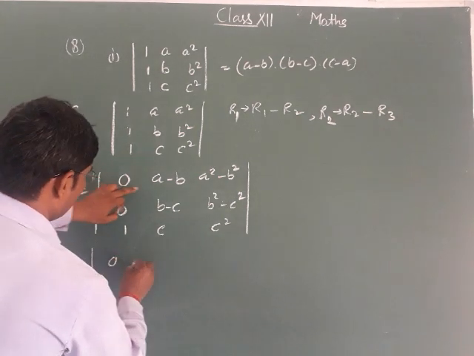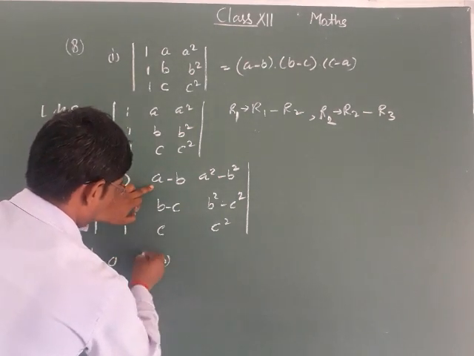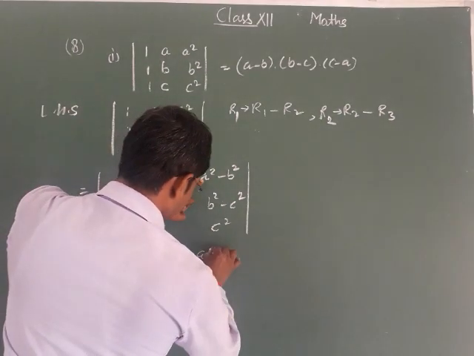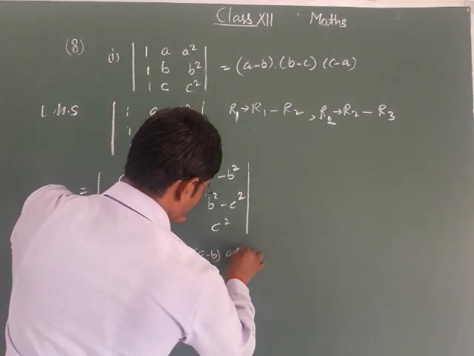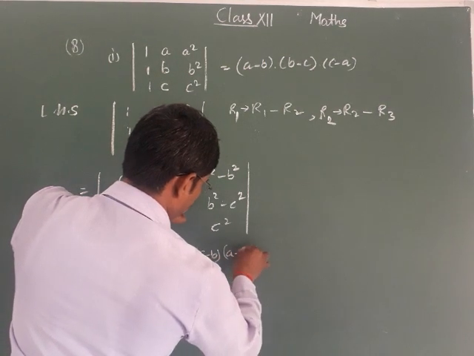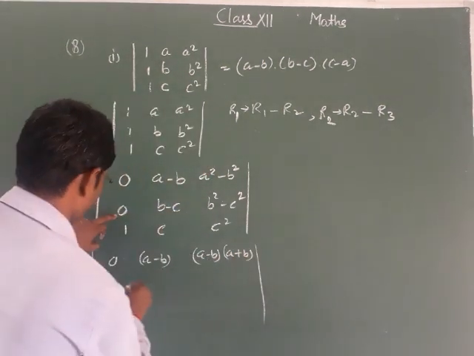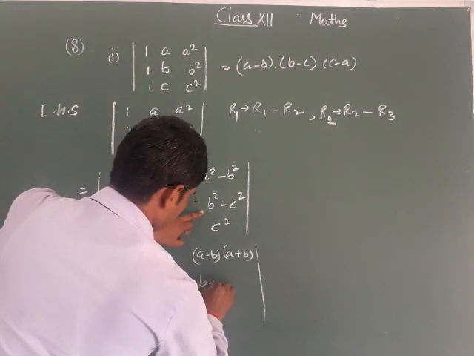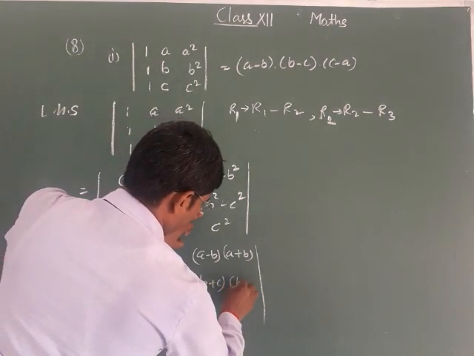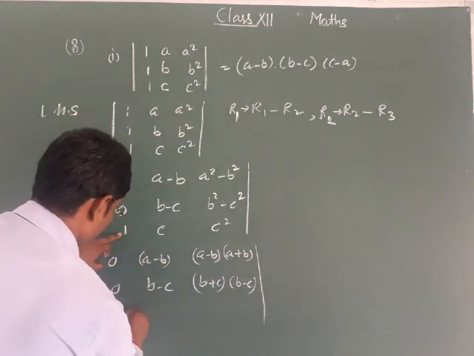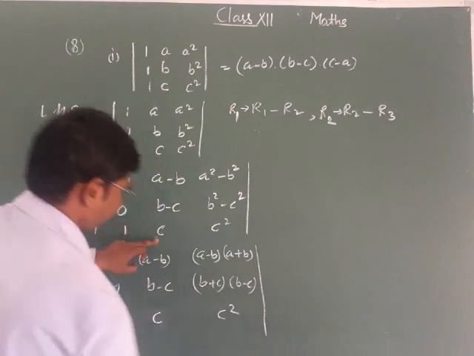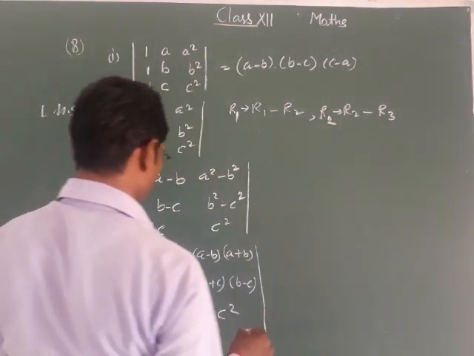Breaking up a square minus b square by the identity, it is (a minus b)(a plus b), and likewise (b minus c)(b plus c).